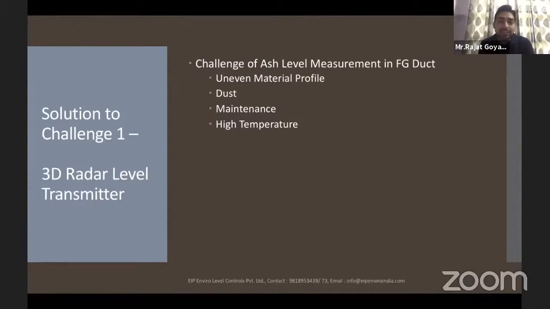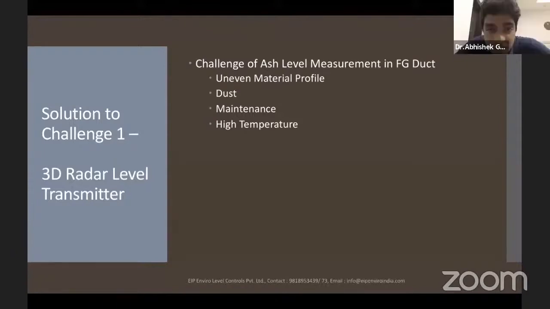We provided a very good solution to this problem, and now I'll hand over to Abhishek, who will explain in more detail how we provided a 3D profile and measurement solution.